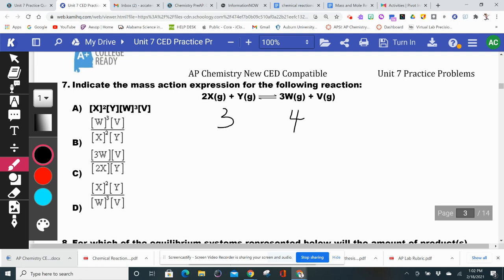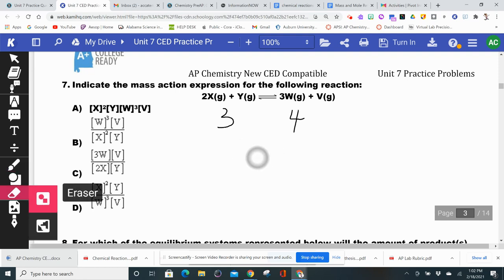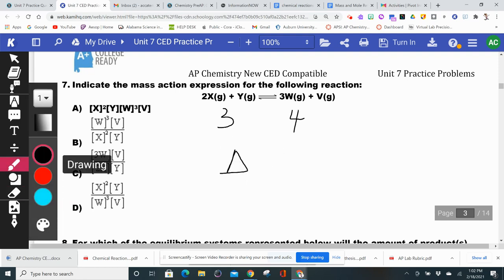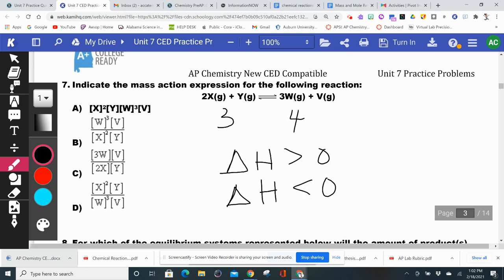So what they're going to give you in the problem is an equation, and some conditions like delta H is greater than 0. They might be nice enough to tell you it's exothermic, which would be really nice, but they're not always nice. What you're going to have to do is remember that delta H greater than 0 is an endothermic reaction.